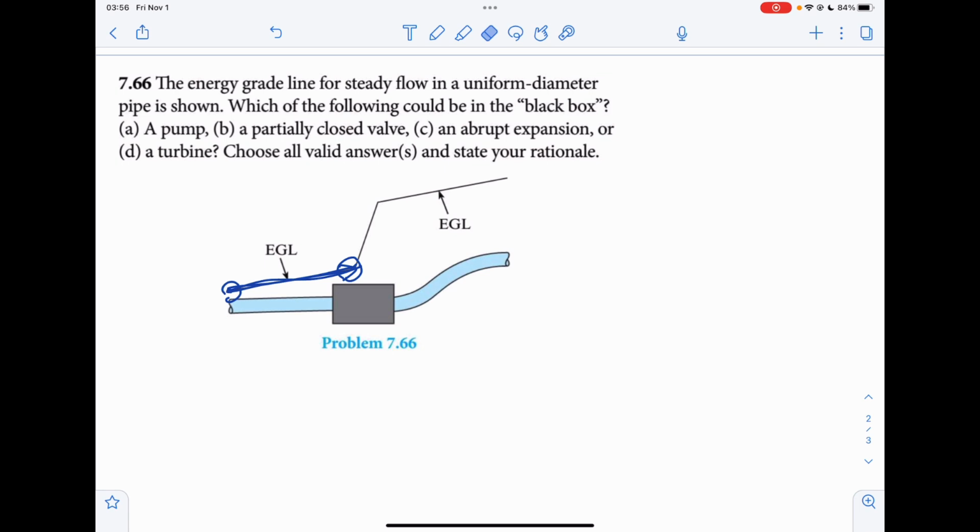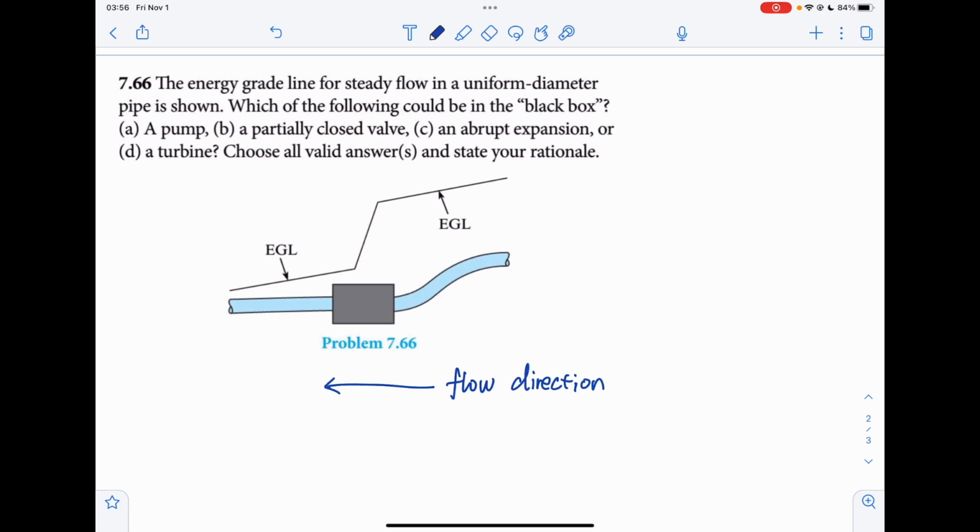So when we determine the flow direction is from the right to the left, we can know that the energy, because of the black box here, is actually decreasing.